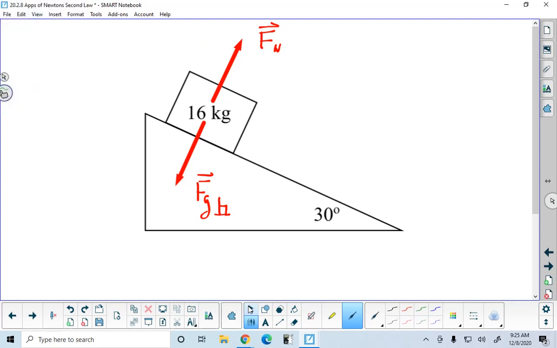I don't believe for this particular question we need to know that, but the force of gravity component that's perpendicular is the same as the normal force in terms of magnitudes. They're obviously not the same because they're in opposite directions, but the magnitudes are the same.